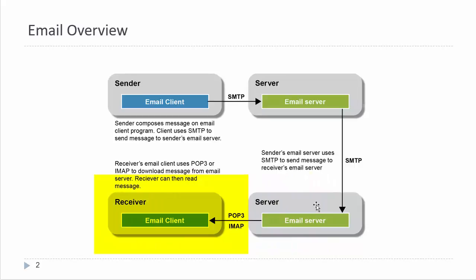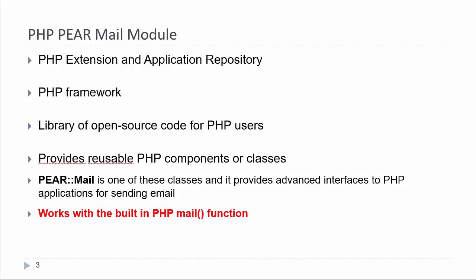Now the account can be set up as a POP3, which is Post Office Protocol, by the way, or an IMAP setup. The PHP PEAR Mail module, which is talked about in this text. This is a PHP Extension and Application Repository. PEAR, which stands for PHP, E for extension, A for application, R for repository, that's where we get that acronym, isn't necessarily just a mail module.